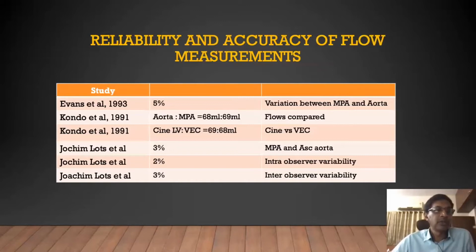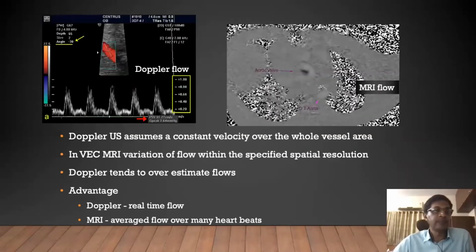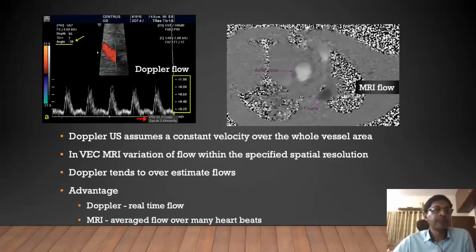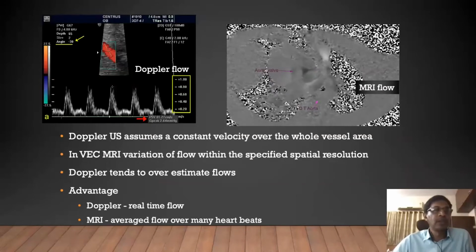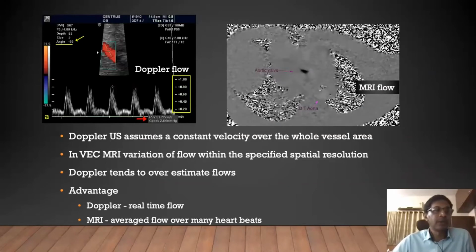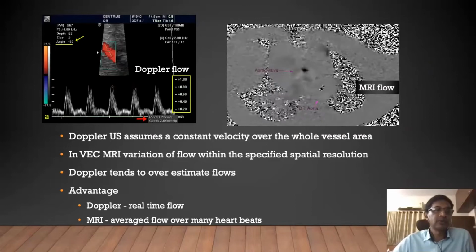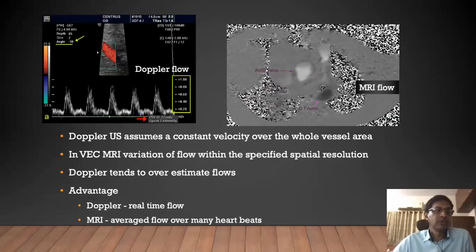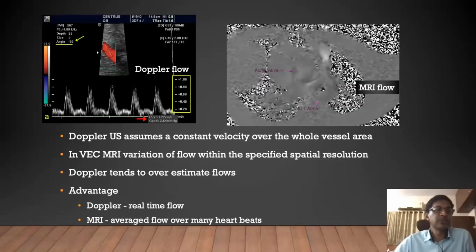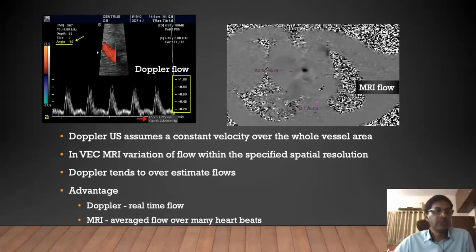Now, the reliability of flow images has been demonstrated even in the initial stages of MR development, and now they have only gotten better. When comparing Doppler flow to MR flow assessment, Doppler flow imaging always assumes that the velocity across the whole vessel is constant, which it is not.